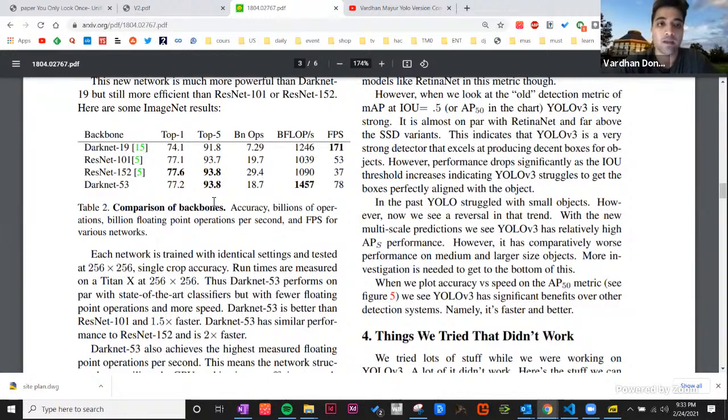then it's correct. Instead of going for the first one, you can also ask what the top five classes are that the model has predicted for this object, and if your ground truth lies among those top five, then you also get a score. So these are two metrics, top one and top five. I see.